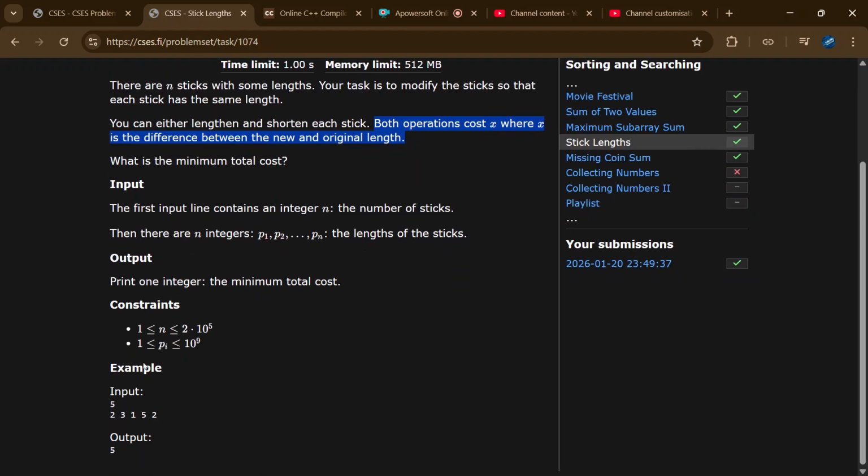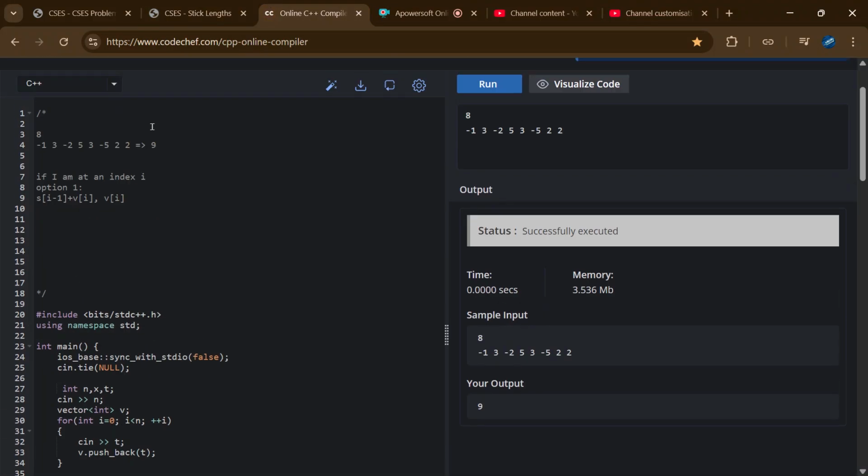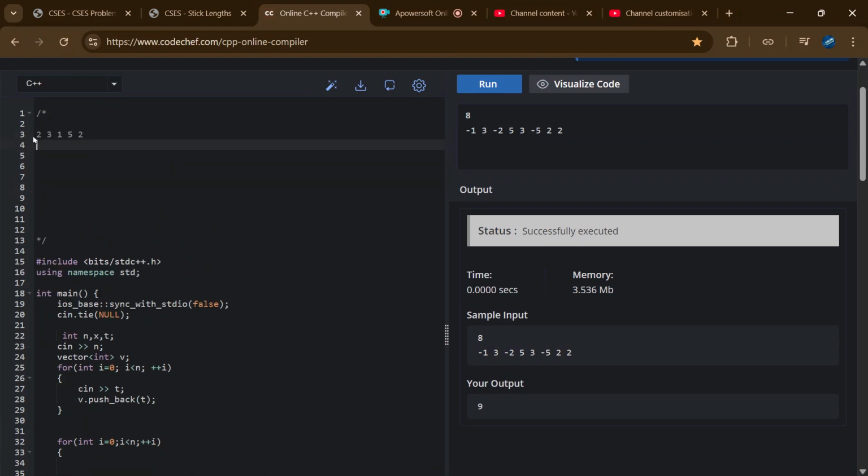Let me take this example. This is our array, the length of each stick.